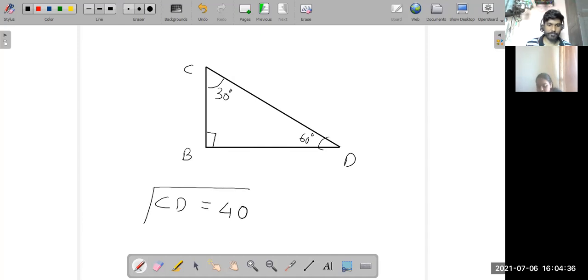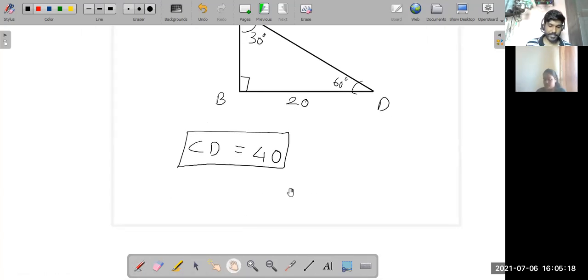BD is 20 meters. I have not drawn it as a right angle triangle, but I have given the sign of right angle. Yes, but suppose in the exam, if you are drawing the figure and your right angle looks like this, then you may lose marks.